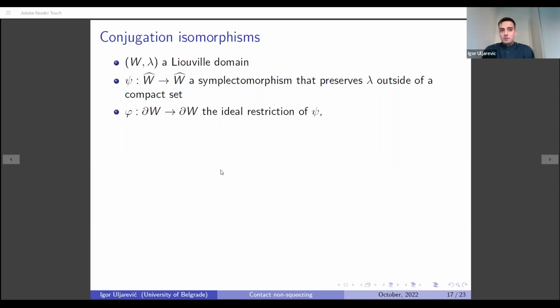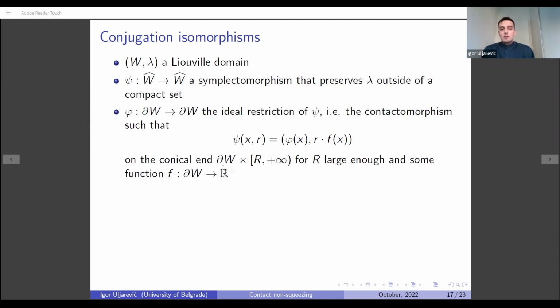Every such symplectomorphism gives rise to a contactomorphism of the boundary that we call the ideal restriction. This contactomorphism is actually the first coordinate of the symplectomorphism psi, of course, if we happen to be far into the conical end.